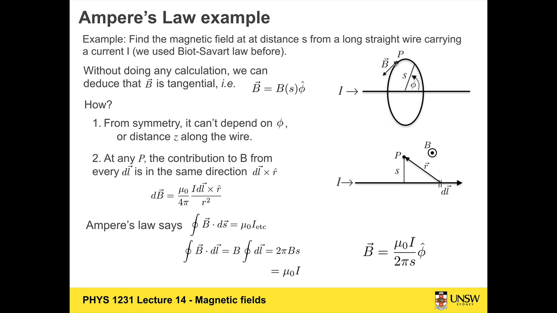And if we consider any point P, the contribution from every element dl vector on this wire is going to be in the same direction given by this cross product, right? And so all the contributions will have the same direction that you can see from the cross product. In other words, if this is our wire, we're looking at the wire from this direction here.